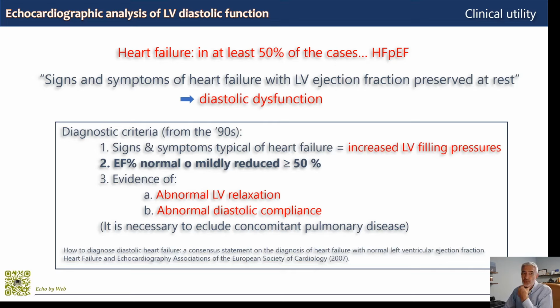Since the first European guidelines on heart failure, on this condition, which accounts for at least 50% of the cases, the three diagnostic criteria included evidence of abnormal or prolonged left ventricular relaxation and abnormally reduced LV compliance.